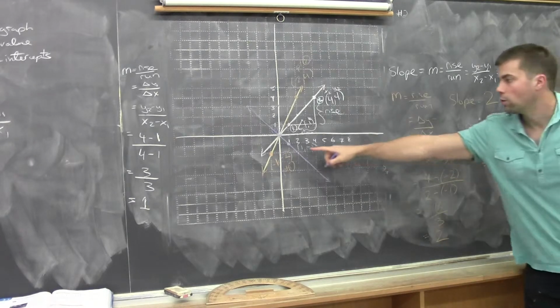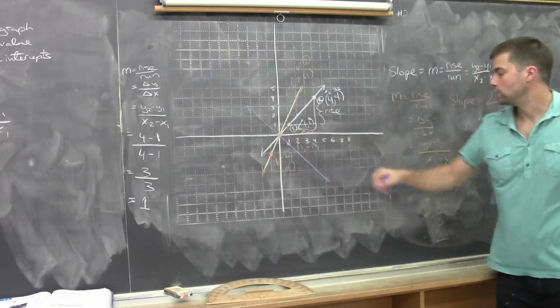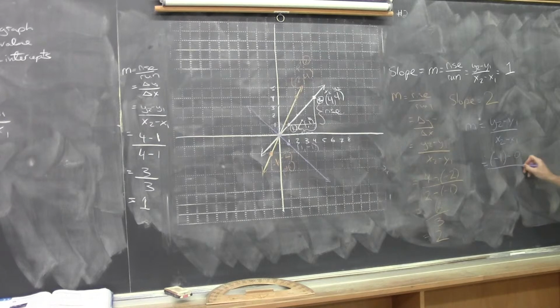In this case, y2 is -1, minus y1, which is 0, over x2, which is 1, minus 0. So in this case, our slope is exactly -1. Okay? We're going to continue after this break.